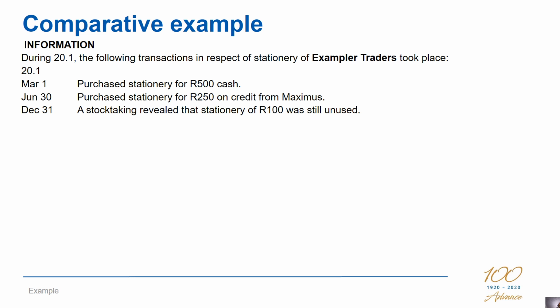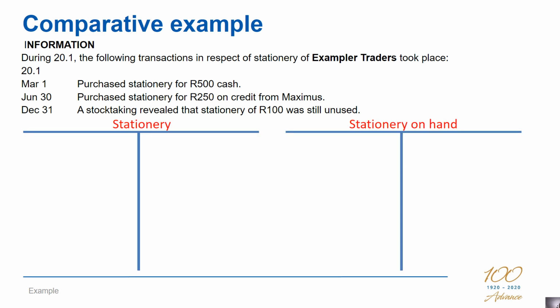You just need to make sure that you understand in each question which option they went for, and I'll explain that again. So they give me information regarding purchases of stationery and a stock taking, and we're going to do it simultaneously for option A, the one manager, and option B.